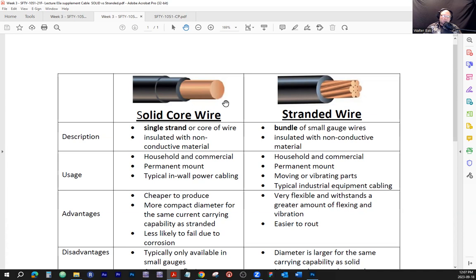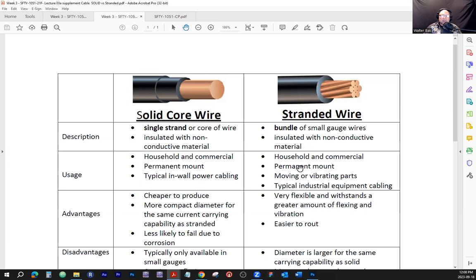If you installed a solid core wire on some machine that has motors running, things moving, a lot of vibrations happening within the machine, the vibrations carry through the solid core better than through the stranded wire.